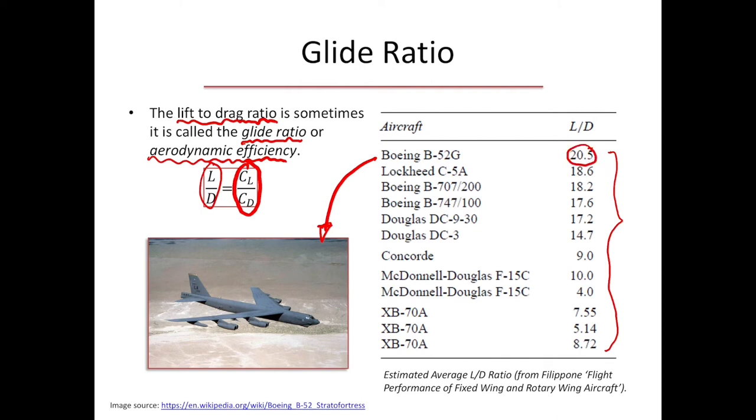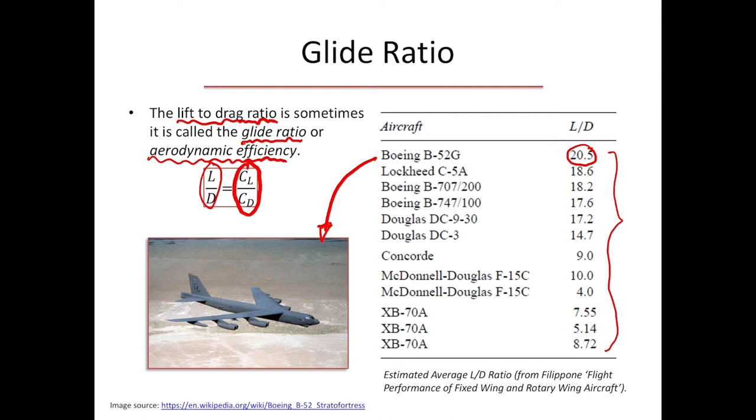You should be thinking, well, why is that? What is the reason for that? And it's because the B52G is a long range aircraft. So the longer the range that we want, the higher the lift to drag ratio.